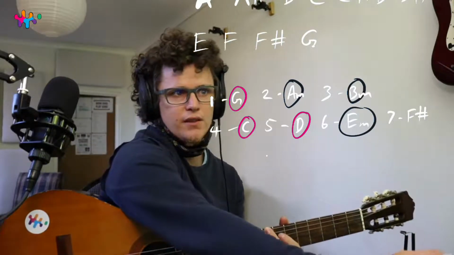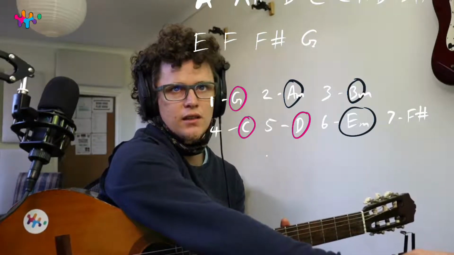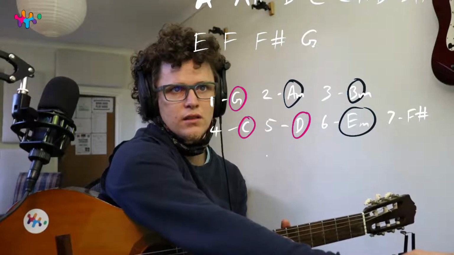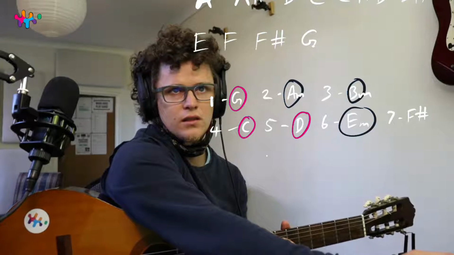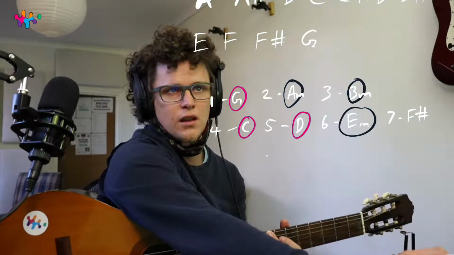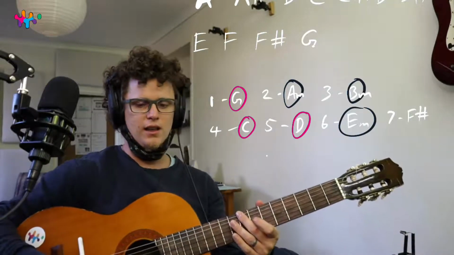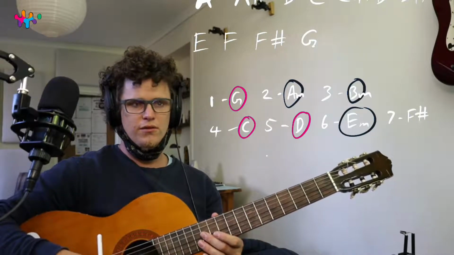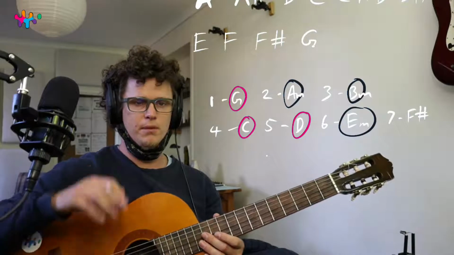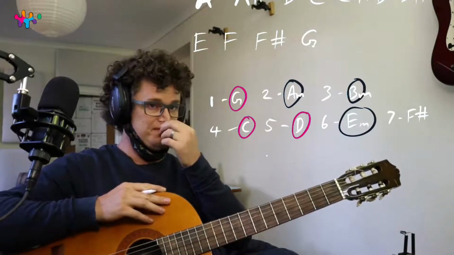So I kind of found that as the key. Okay, so I found that as my key. Now I'm going to teach you some ways to find that as your key that are a bit better than the way I just showed you.